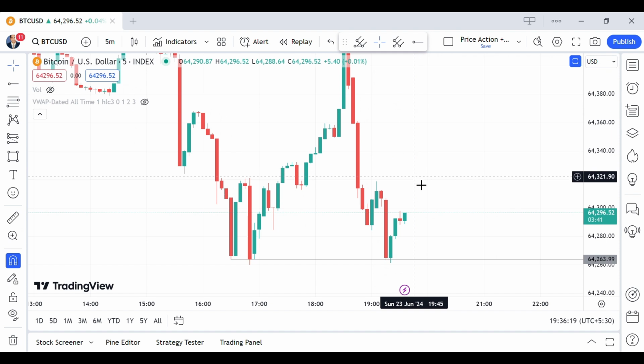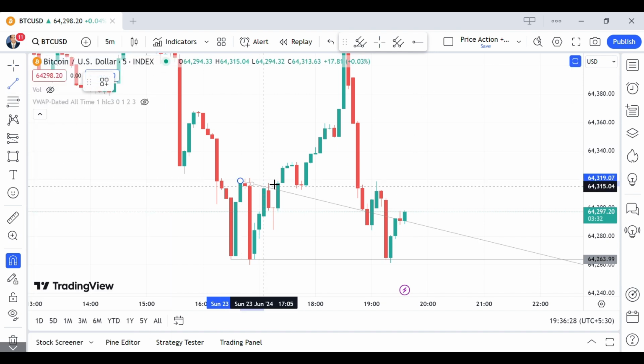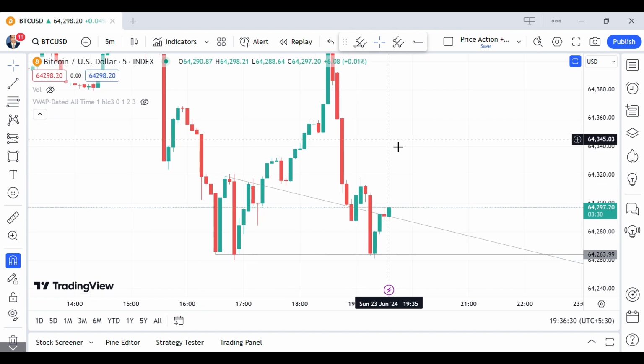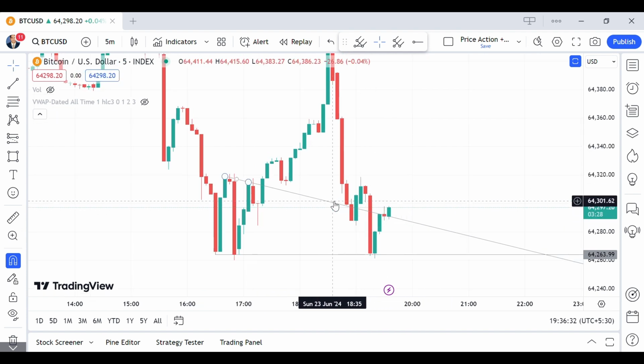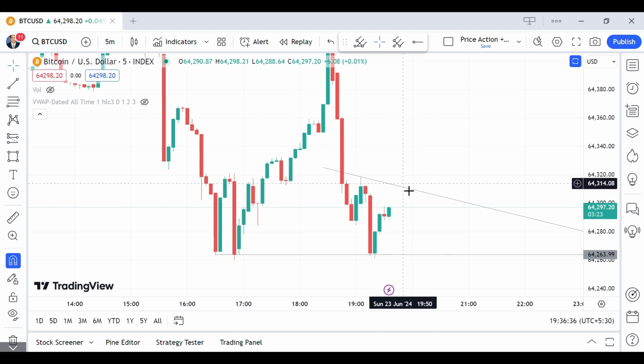So what can be the short entry? Let's quickly read the price. You can see that there are some lines here, like this is the frequency line, isn't it? You see that price is also respecting this frequency line. You can shift this at this point and then see how price is reacting to this line.